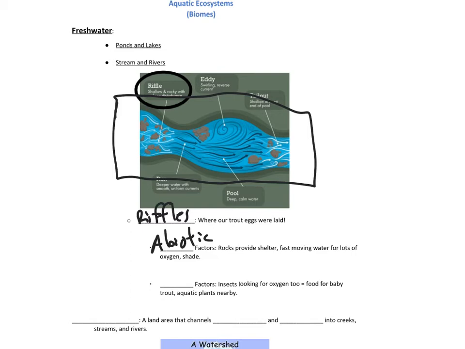And our biotic factors in these freshwater ecosystems include insects that look for that oxygen also, but being there, they also provide a great food source for the baby trout. And then you get lots of aquatic plants nearby, and the plants that are on the banks of these streams and rivers, which help provide that extra shade so that those fish eggs don't get too hot, and also provide some good camouflage for them so that they stay hidden in those riffles.